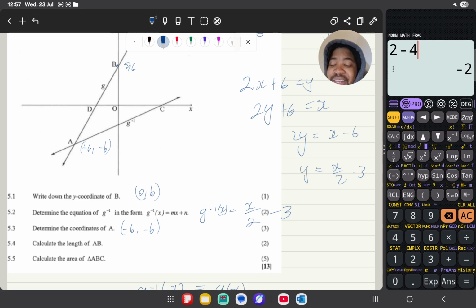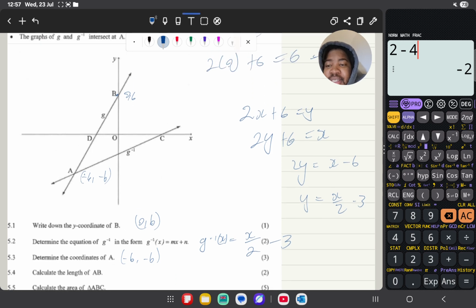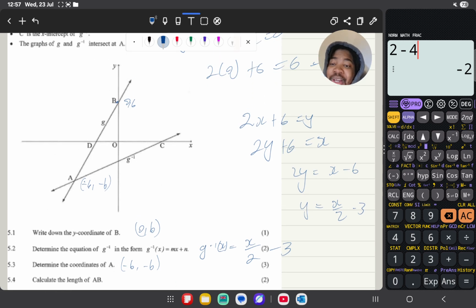This is becoming more analytical geometry, and we will do analytical geometry when the time comes. But if you are interested, you're just going to use the distance formula. You did that in grade 11, so you are able to do it.